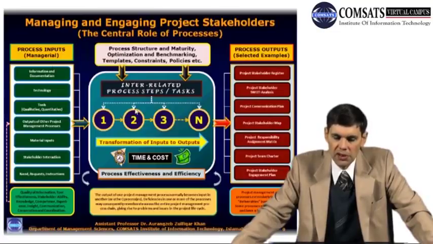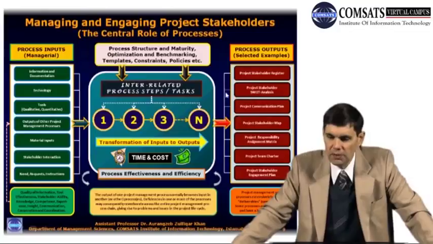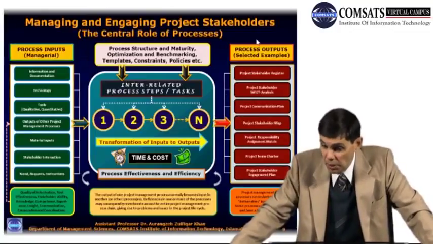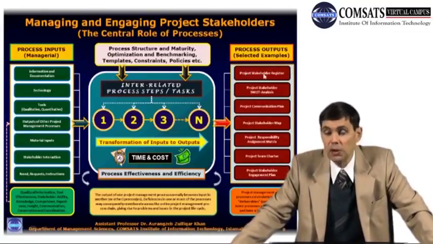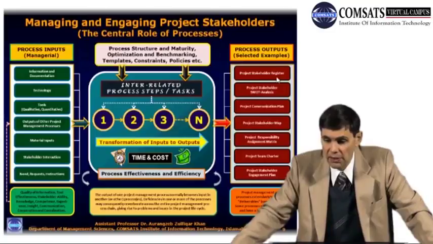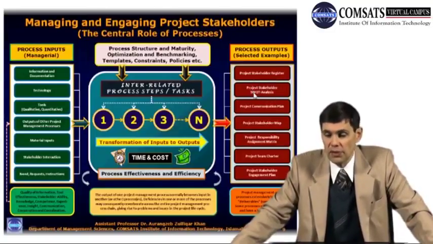And when it goes through all these process steps, and there can be a few process steps, there can be a very large number of process steps, inputs are transformed into outputs. And you could get here, for example, these are all examples, a project stakeholder register, a tool for documenting stakeholders, which we will look at. Or you could get a project stakeholder SWOT analysis, SWOT: strengths, weaknesses, opportunities, threats.